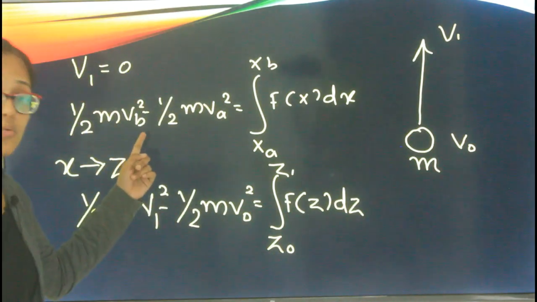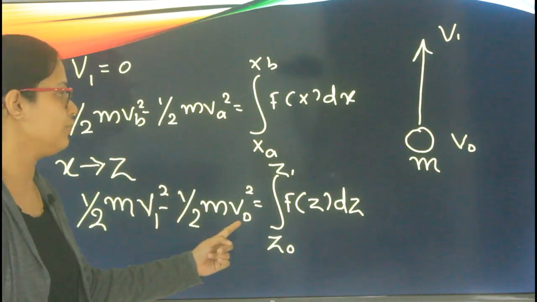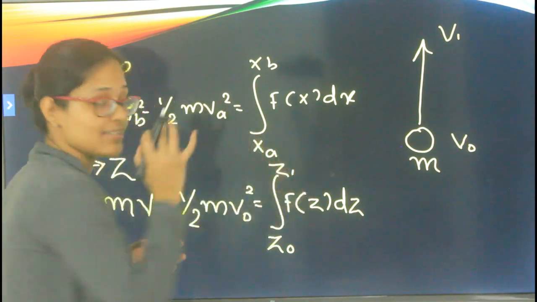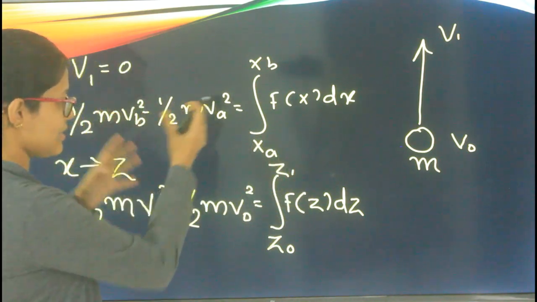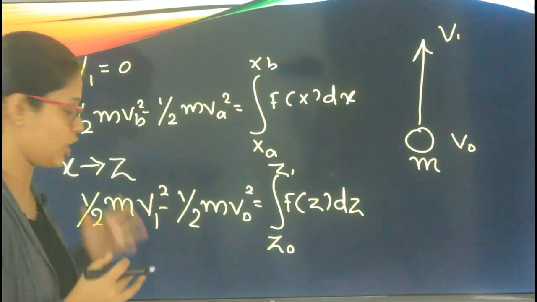So instead of vb we are taking v1, instead of va we are taking v0, and instead of x we took z. Okay, so this is the change between these equations. Hope you understood the change.